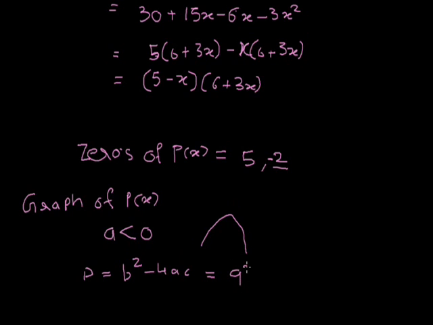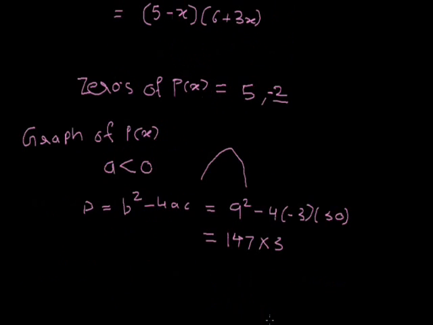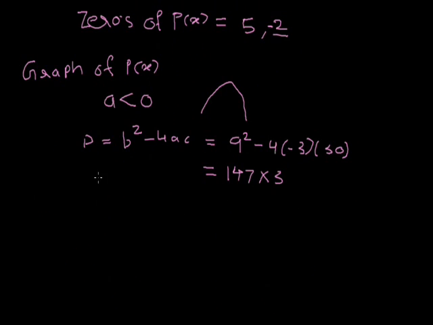Then 9² minus 4 into minus 3 into 30, which equals 147 multiplied by 3. D is greater than 0.